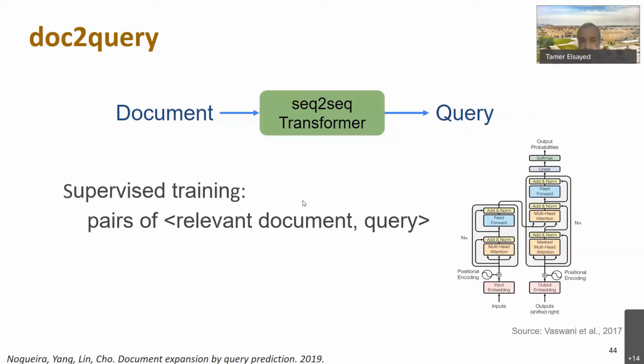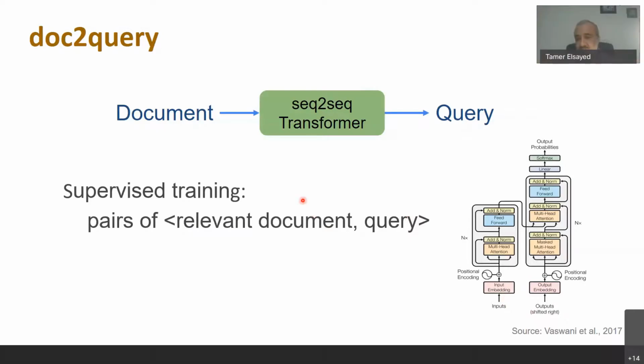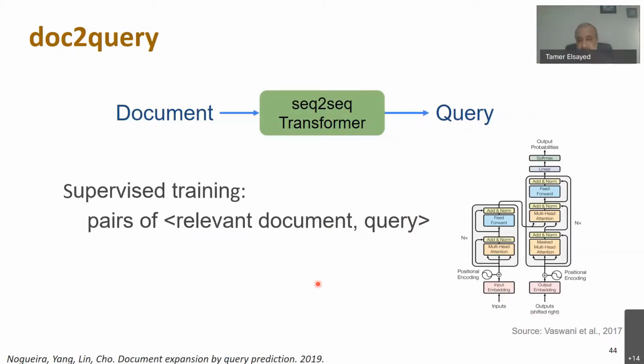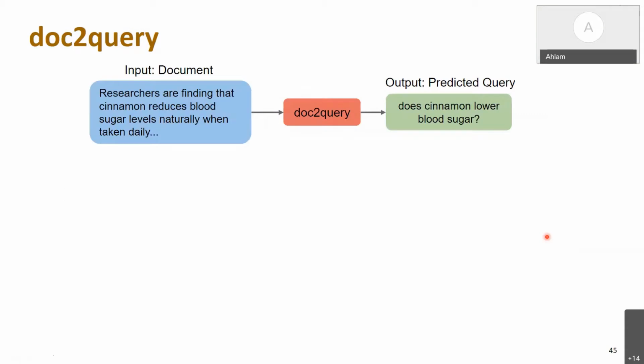But for inference, you will use the relevant document only, and you will generate the query. You predict the query. Oh, okay. Right. So that's the main idea.